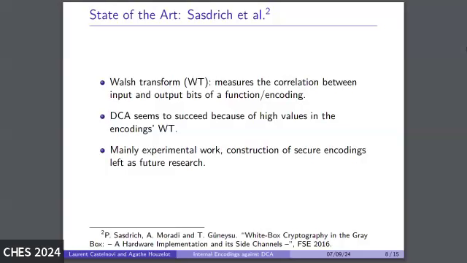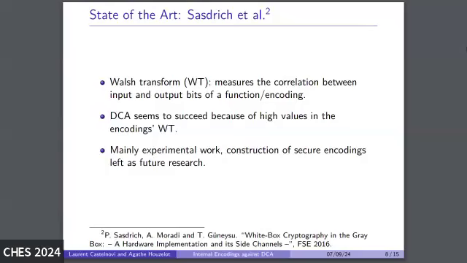In our case, we will use it to measure the correlation between the encoded bits and the plain bits. This explains why, if you have an encoding that has high values in the Walsh transform, it means that you have an encoded bit that is highly correlated to one of the plain bits, and so DCA will succeed with high probability.